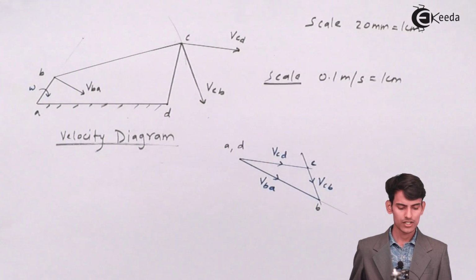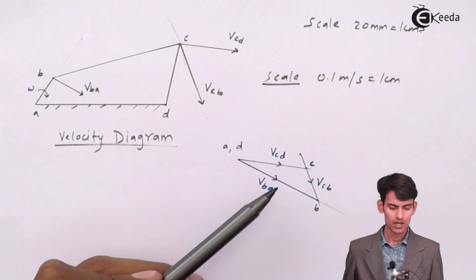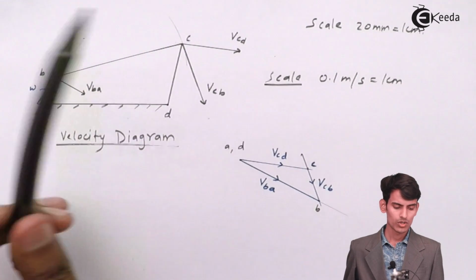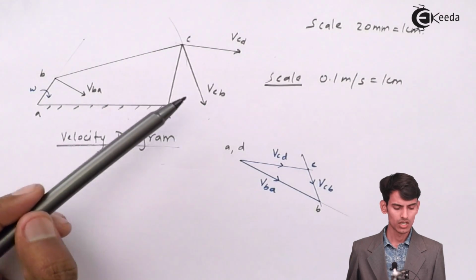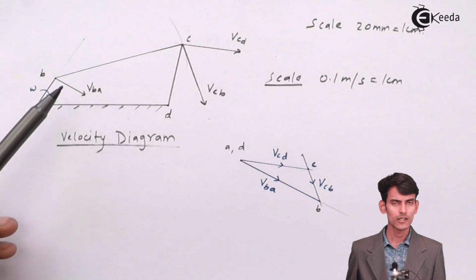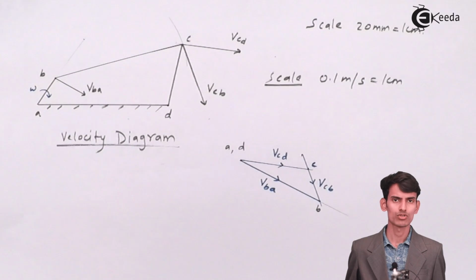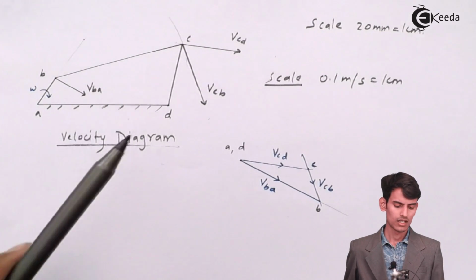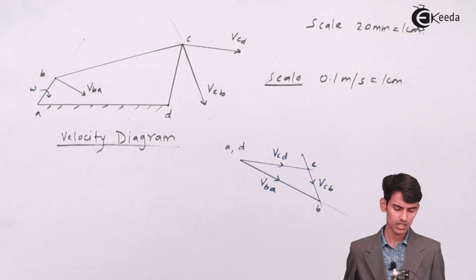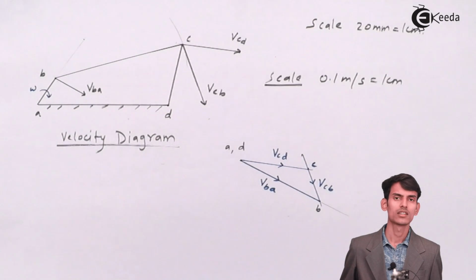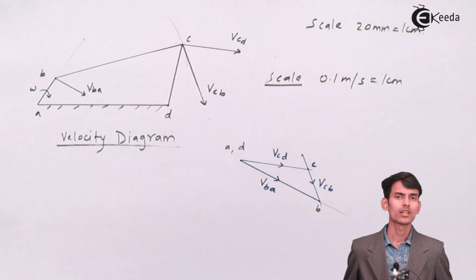So this is the configuration diagram, this is the velocity diagram. The velocity of C with respect to D is only known in direction. The velocity of C with respect to B is also only known in direction. The velocity of B with respect to A is known in direction as well as magnitude, so you can plot the line. Rest of the vectors, that is VCD and VCB, we already know the direction, so we can just drag these lines and we can get the triangle. Once you know the triangle, you can calculate the velocity of any of the parts.